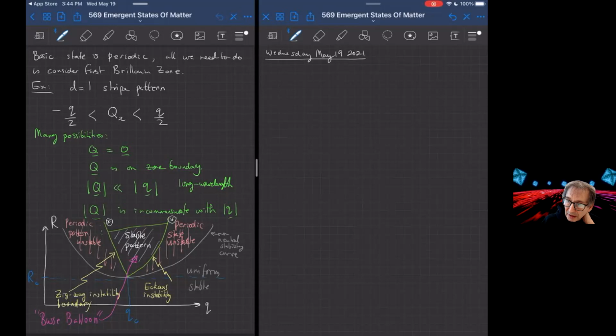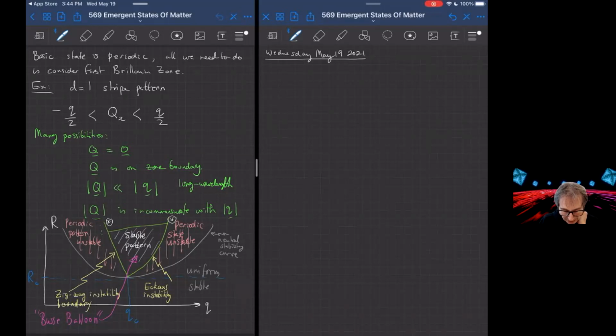And then, of course, we then had to consider what happens when you look at the pattern that is formed and ask whether it itself is stable to small perturbations. And we didn't do the calculation for that. But what I reported to you was the result of detailed calculations done about 40 years or so ago by various people, showing you what is known as the Busse balloon, the region of stability in this Rayleigh number and wave number phase diagram.